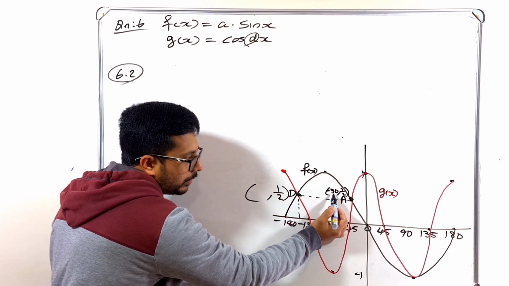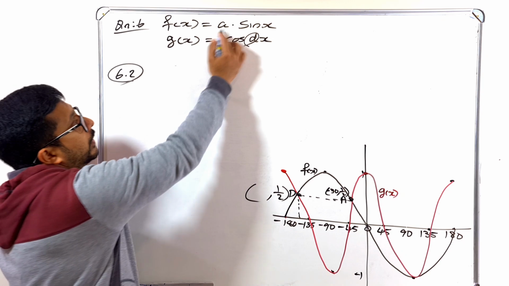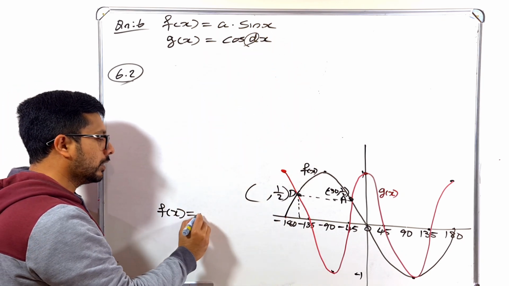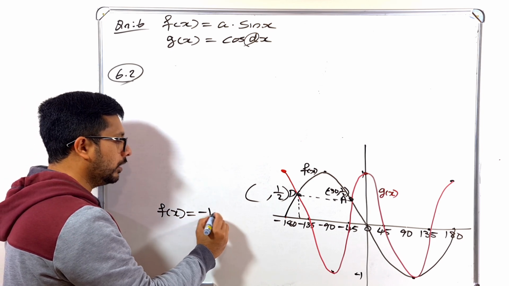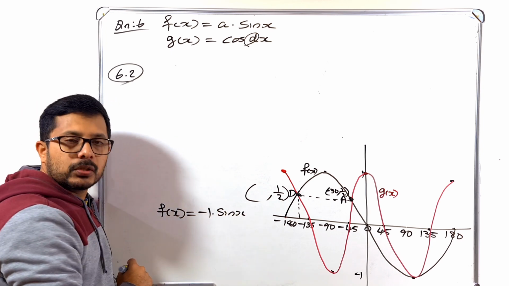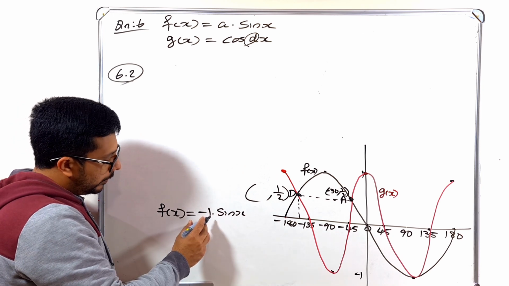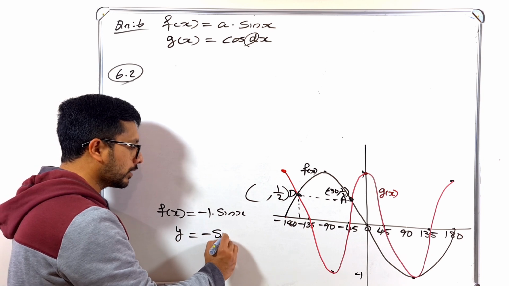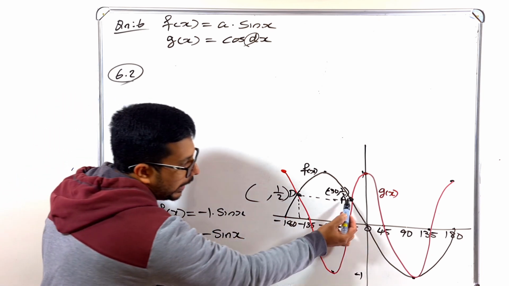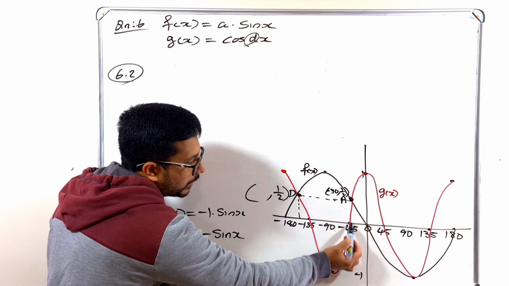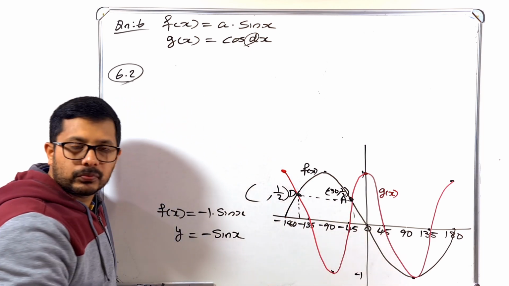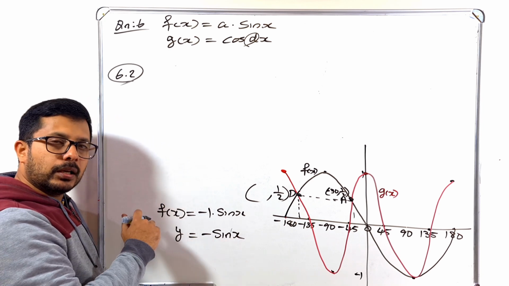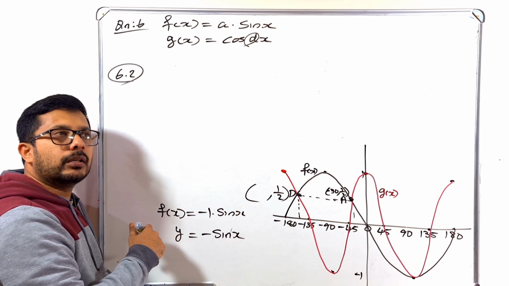Which graph is this one? It's an intersecting point, so you can take any graph. Let me take f of x. F of x is equal to a, we know that it is -1 into sine x. So y is equal to minus 1 into minus sine x. When x is -30, it is half. So where are you getting the half again?